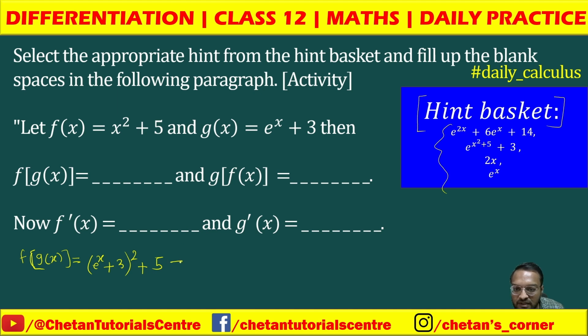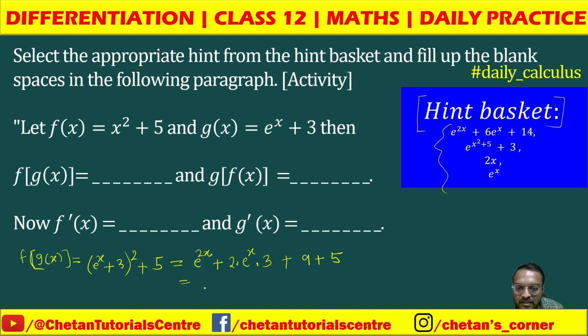Now I will simplify this further. What will I get? e raised to x plus 3, whole square. So I will use the a plus b whole square formula to expand this. So what I will get? e raised to 2x plus 2 into e raised to x into 3 plus 3 square, that is 9, plus 5 as it is.